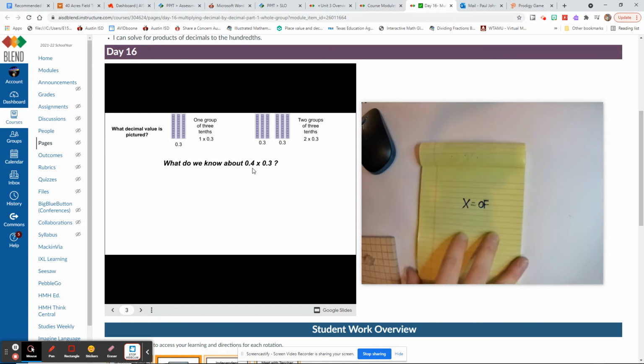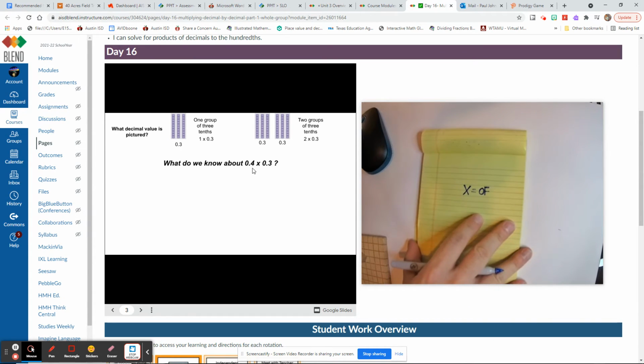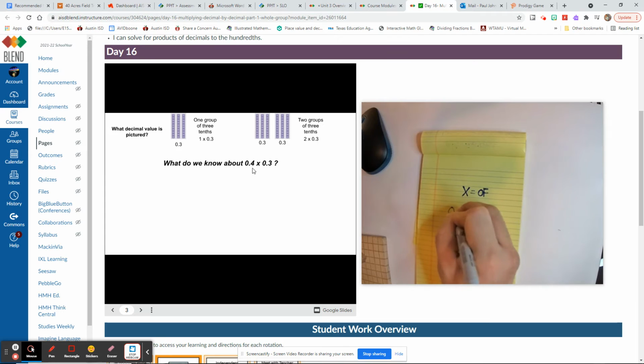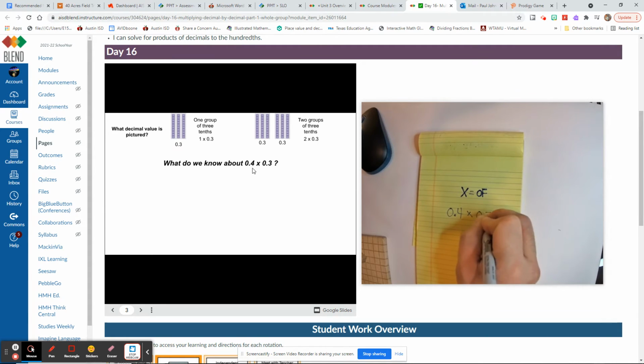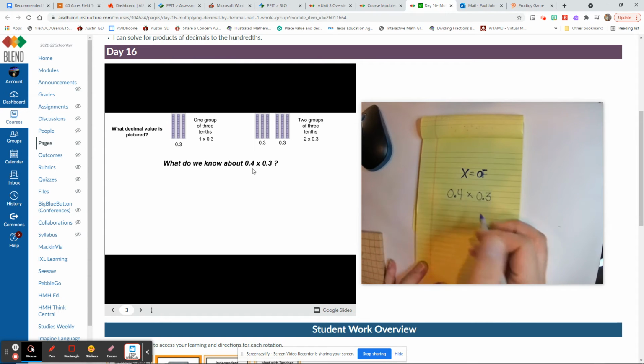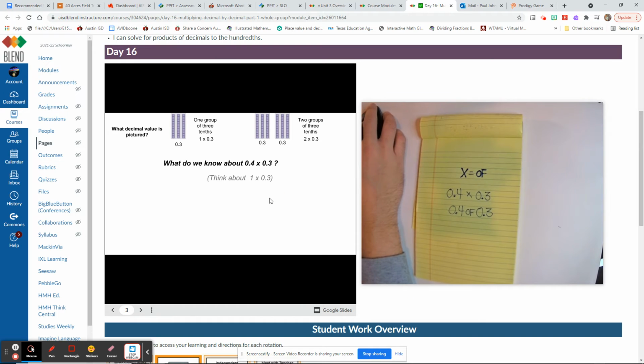What I mean by that is 4/10 times 3/10 is the same thing as saying 4/10 of 3/10. That might not make a whole bunch of sense right now, but it might make a lot of sense when we look at the picture.